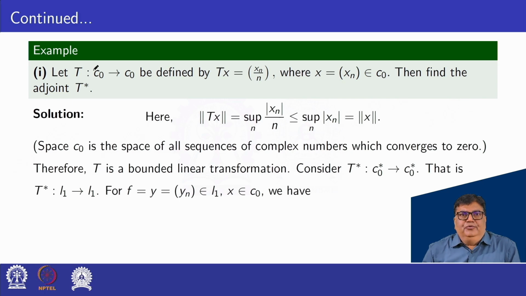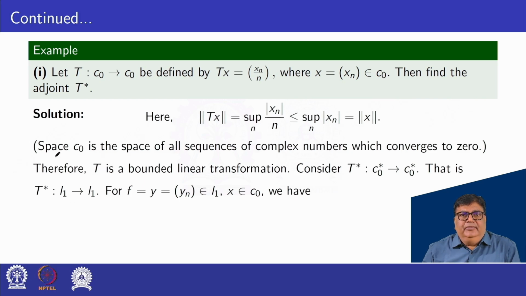So now we have to find T star. Here the mapping T: C0 to C0. C0 is equipped with the L infinity norm, so the conjugate of C0 is L1.